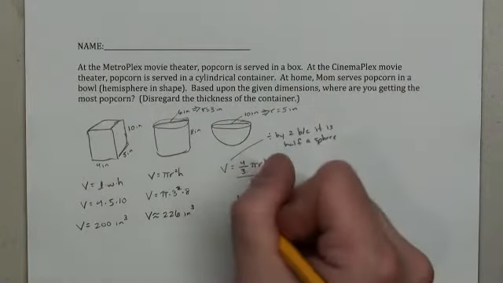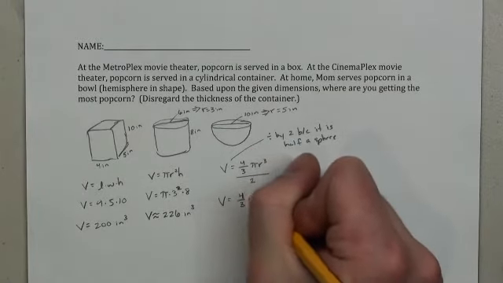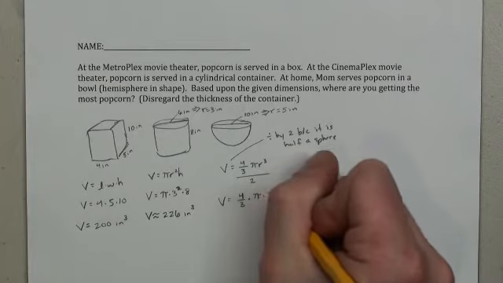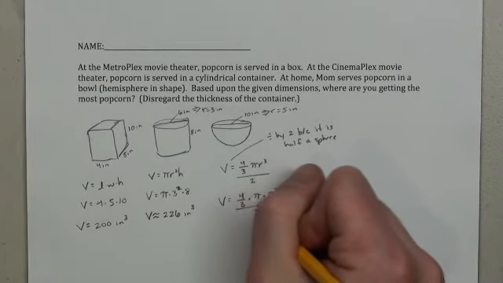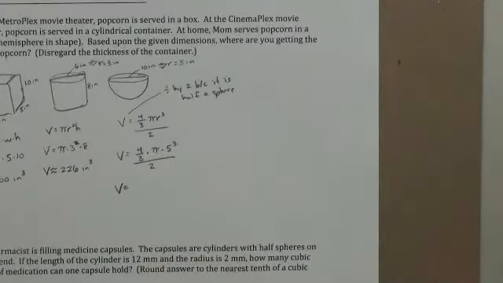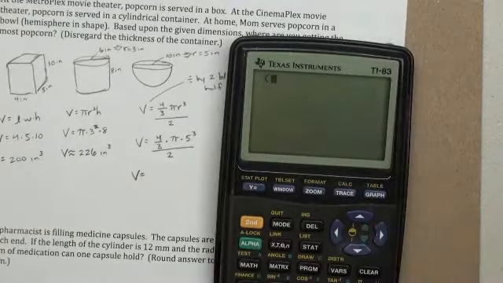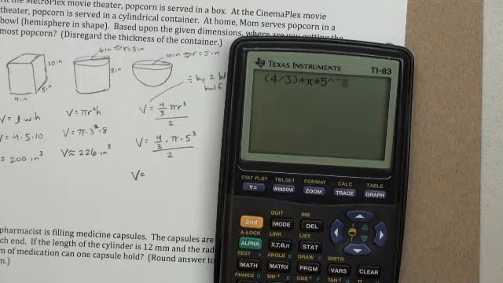So we're going to do volume equals 4/3 times pi times 5 cubed, and then divide everything by 2. Looks complicated, but really it's not. You just have to plug it in right. Just do one thing at a time. 4/3 times pi times 5 raised to the third.